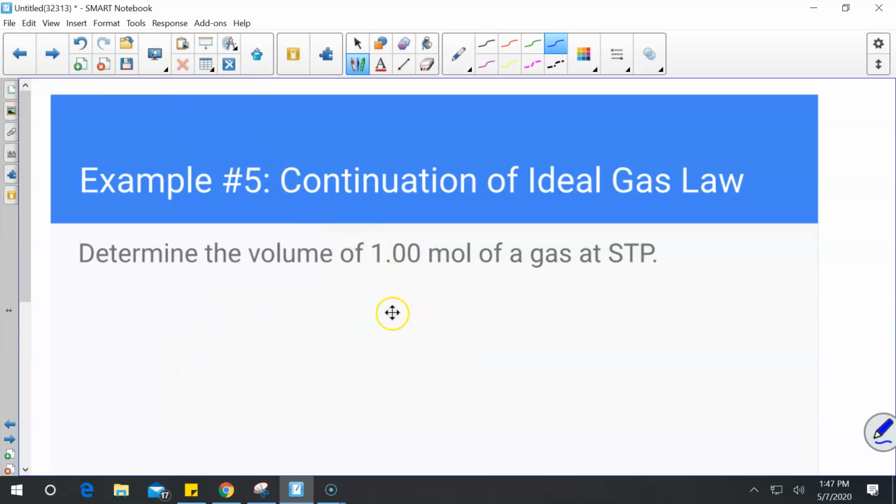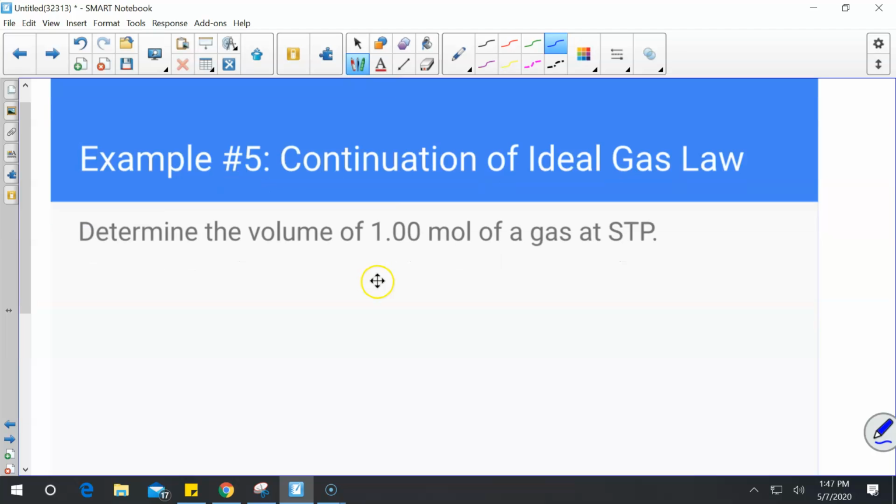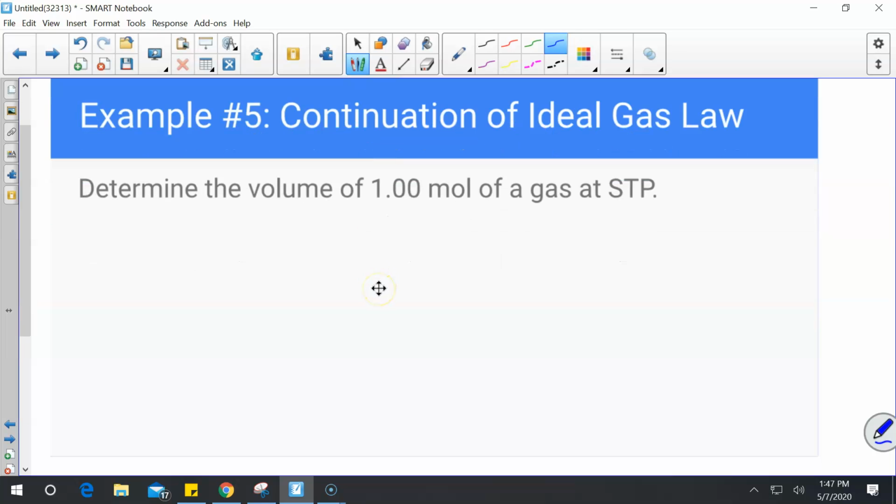Here's another problem, kind of a continuation of the ideal gas law. The problem says, determine the volume of 1 mole of gas at STP. If we have something at STP, don't we know standard temperature? Isn't this 0 degrees Celsius or 273 Kelvin? We have to be in kelvins.